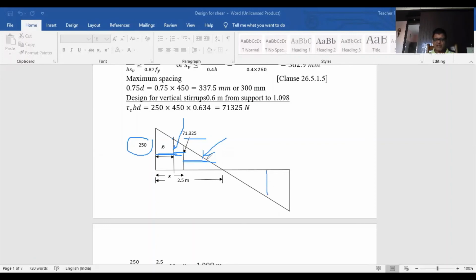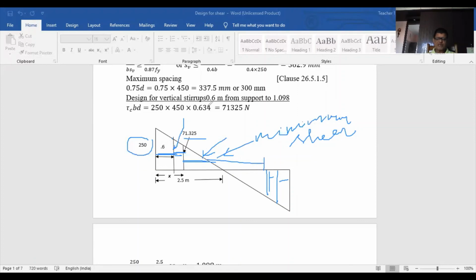So in this region you will provide only the minimum shear reinforcement criteria. Now this is the zone of 0.6, and this is the zone of tau C. So both sides will be the mirror of that.